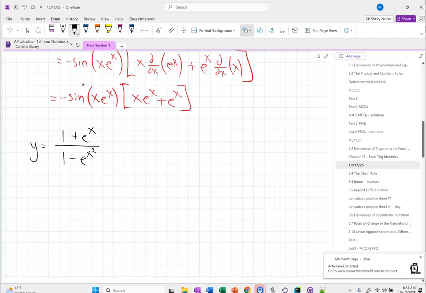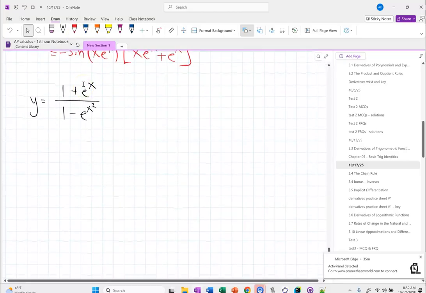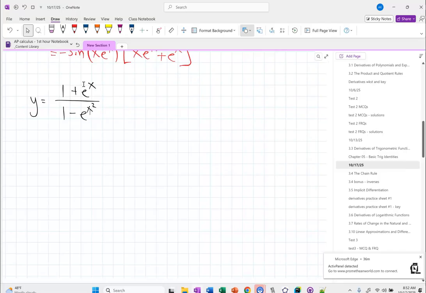Because I don't have to worry about differentiating 1 minus e to the x squared until I've gotten into the quotient. Does everybody kind of see that? So the order of operations here becomes hard, at least at first, to get a handle on, but it's always from the outer in, always from the whole to the part.